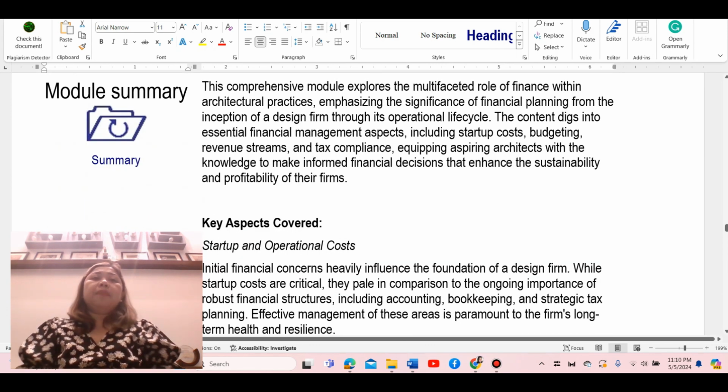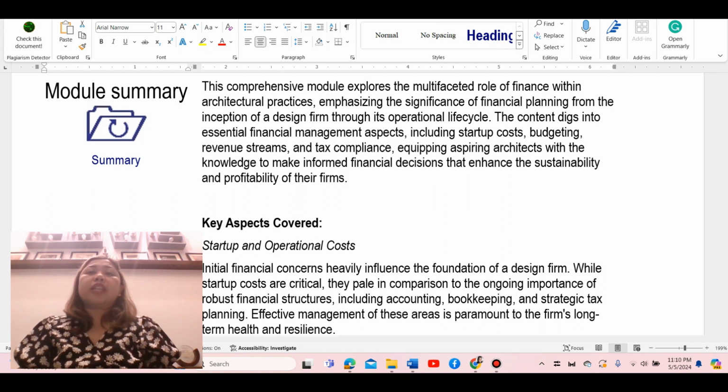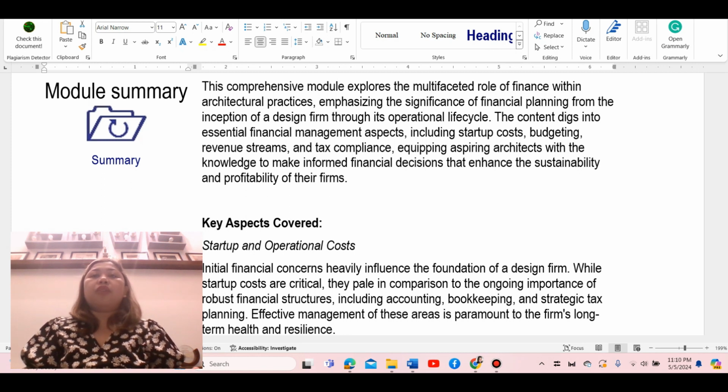In summary, this comprehensive module explores the multifaceted role of finance within architectural practice, emphasizing the significance of financial planning from the inception of a design firm through its operational life cycle.